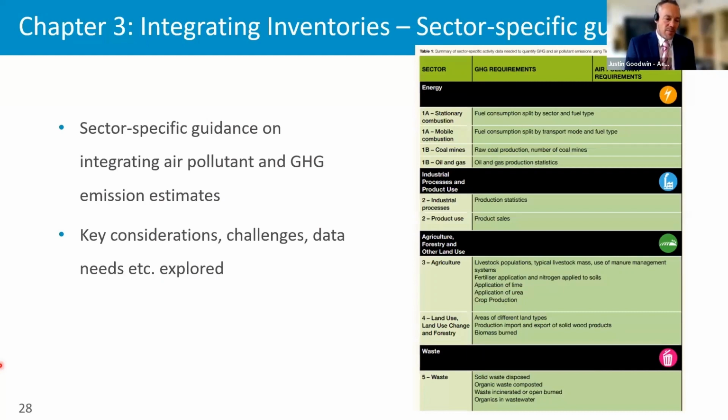And this might be to the air pollutant health community, but it might also be in order to express to stakeholders the co-benefits of greenhouse gas emission reductions or removals. So what extra is needed? What do we need to do to fortify that greenhouse gas inventory to make it much more valuable for a wider set of stakeholders?